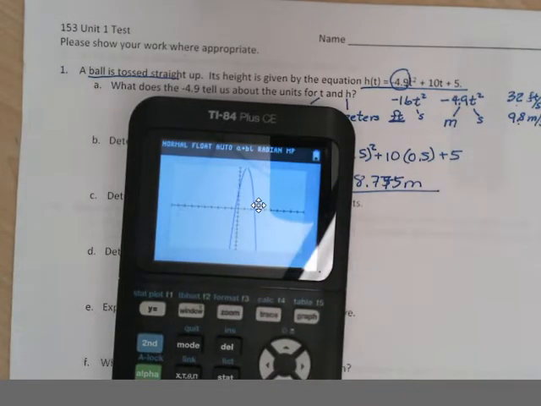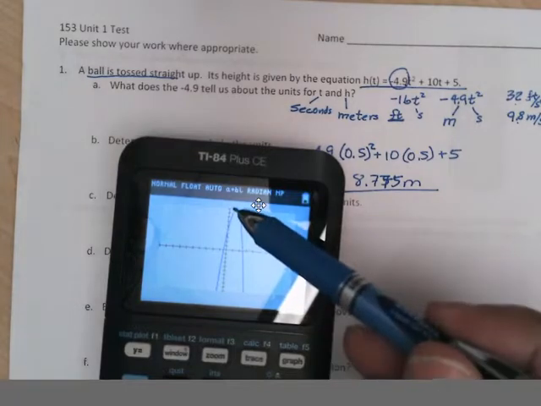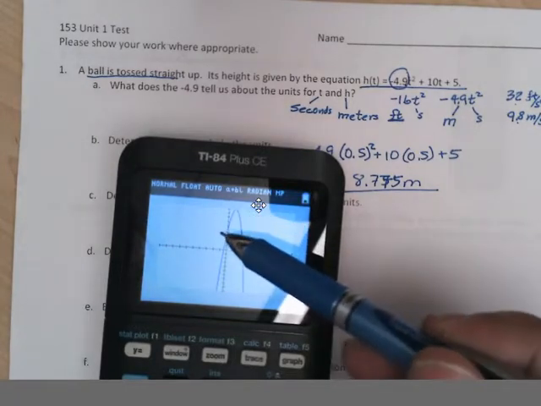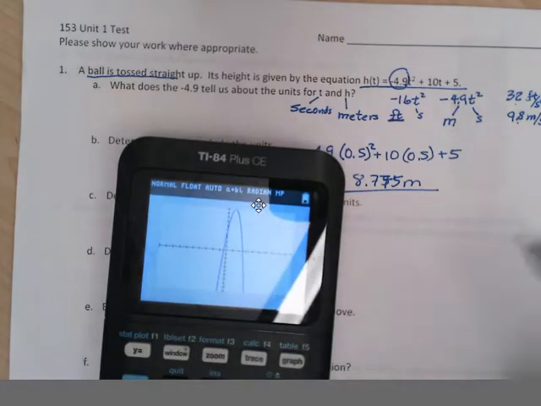It goes off the top there just a little bit. Now that tells me that it got to a height of about 10, and it started at a height of about 5 and landed after 1, 2, and some seconds.